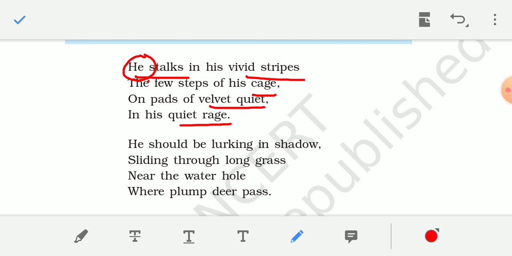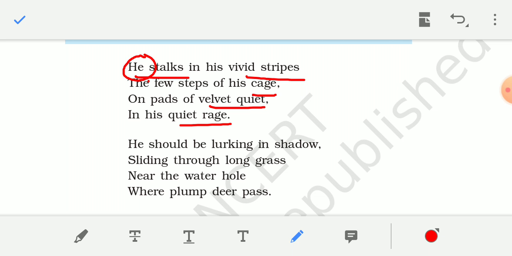It's because he has personified. Now see what is personification. Personification means, suppose any object or thing that we are telling as a human being, that time we call it personification. So here the tiger is personified as "he".